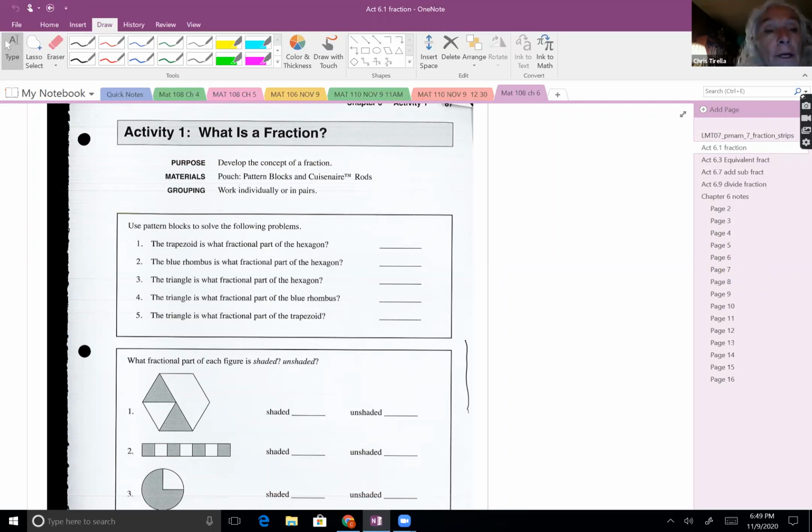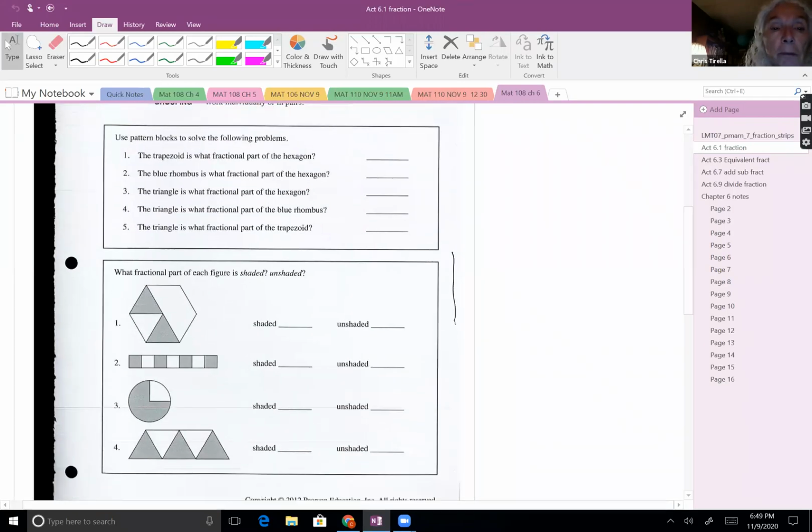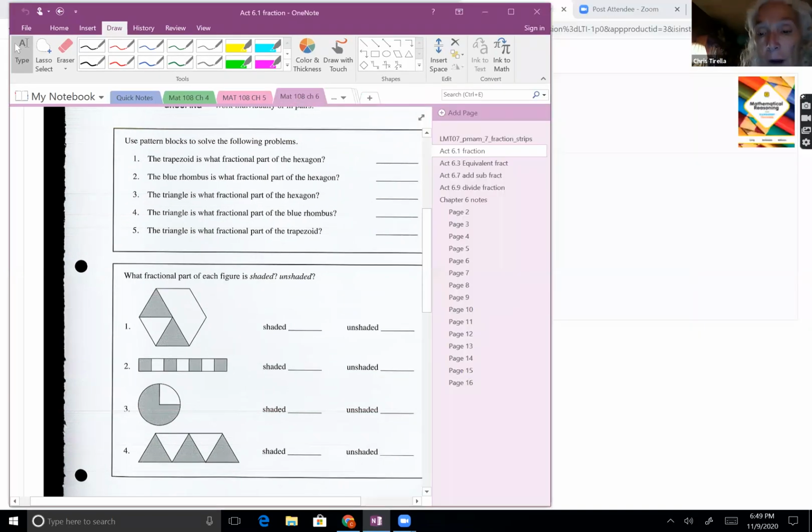And so in order to do that first part, you're supposed to be using your pattern blocks. So I took the liberty today of Googling up virtual pattern shapes.